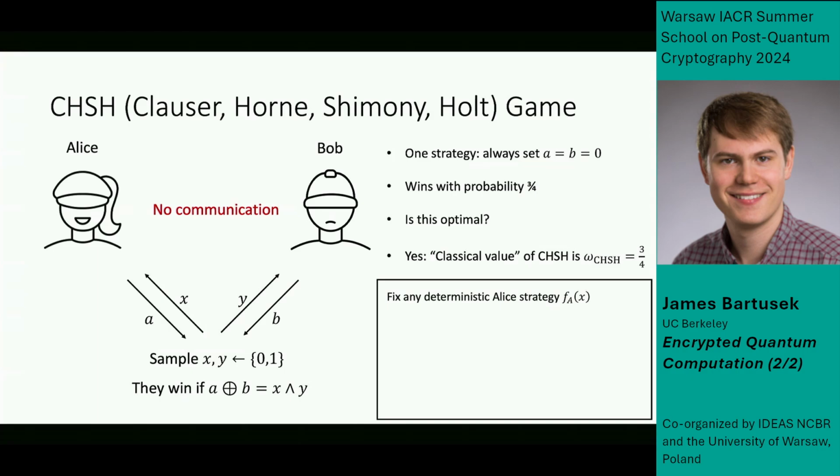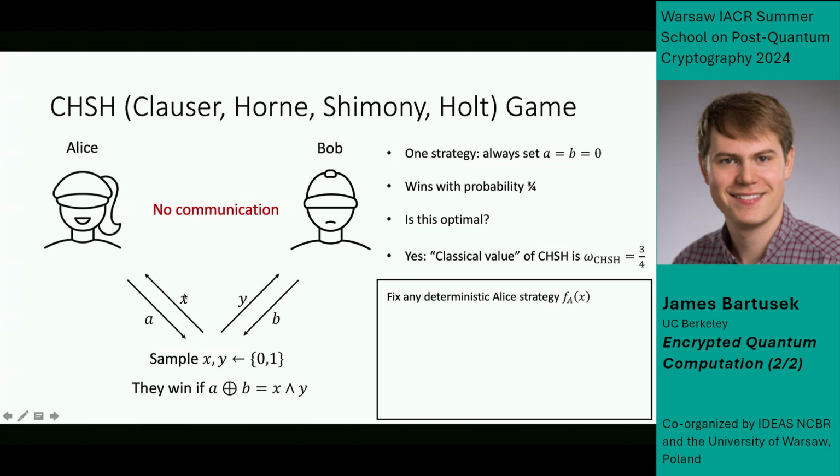So if a randomized strategy achieves some success probability, there must be some deterministic strategy in its support that also achieves at least that success probability. So without loss of generality, we can focus on deterministic strategies.